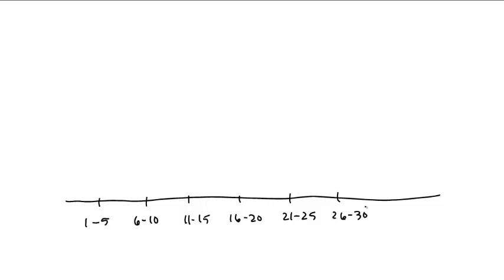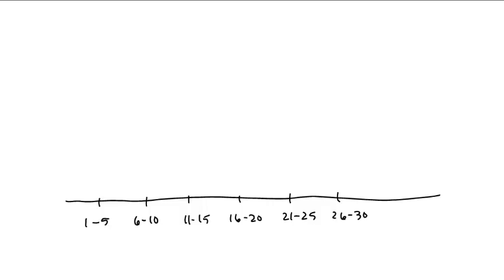So each one has exactly 5 numbers in it. You can't have 21 to 30 be all one range, because then 6 to 10 only has 5 numbers, and this would have 10 numbers in it. So no, you have to make sure that each range is of the same size.